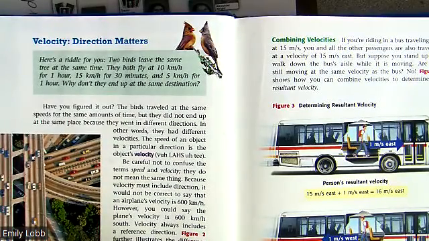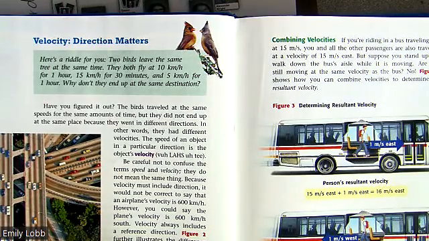Two birds leave the same tree at the same time. They both fly at 10 kilometers per hour for 1 hour, 15 kilometers per hour for 30 minutes, and 5 kilometers per hour for 1 hour. Why don't they end up at the same destination?